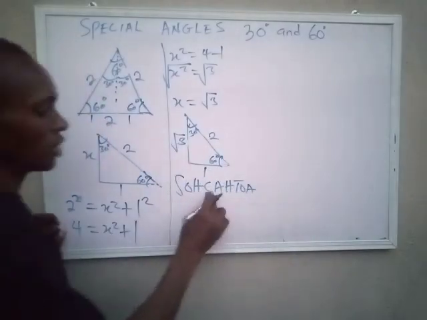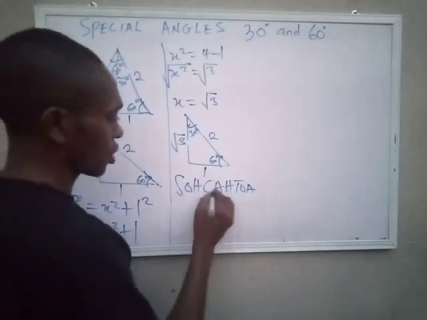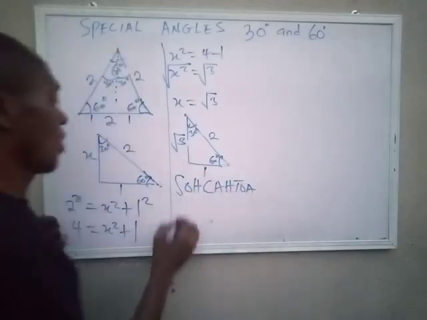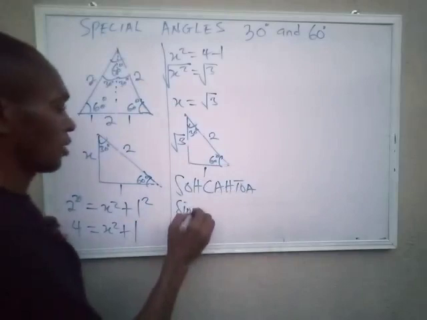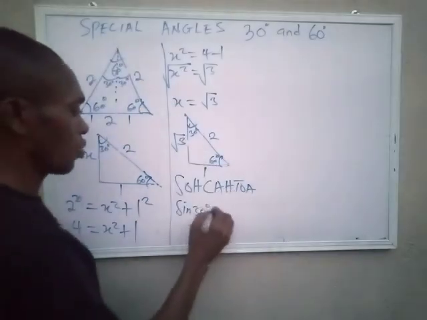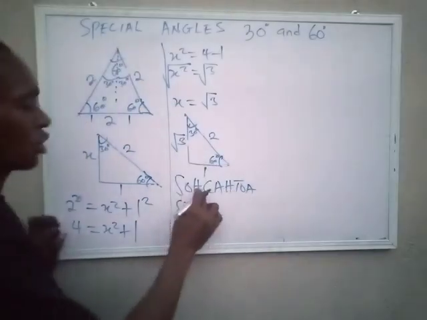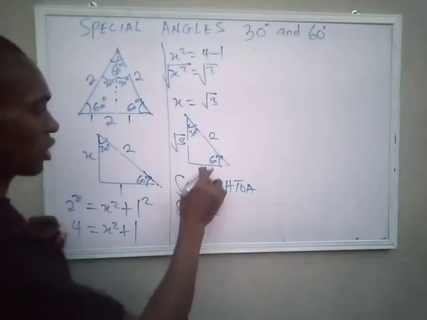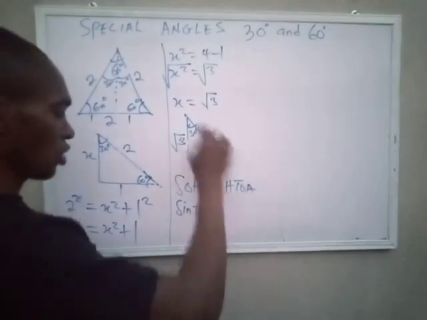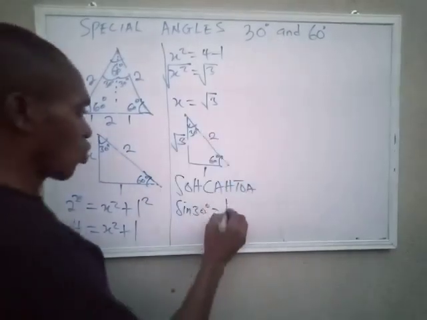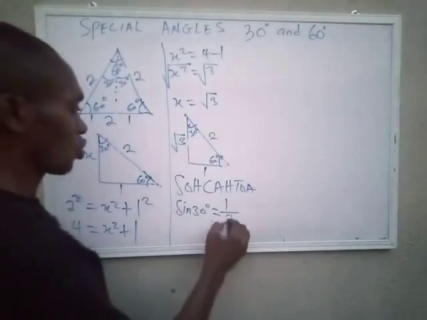S is for sine, C is for cosine, T is for tangent. So sine 30 degrees will be opposite over hypotenuse. Opposite is where the angle is facing. This is the hypotenuse, the longest side. So opposite is 1 over hypotenuse, 2.